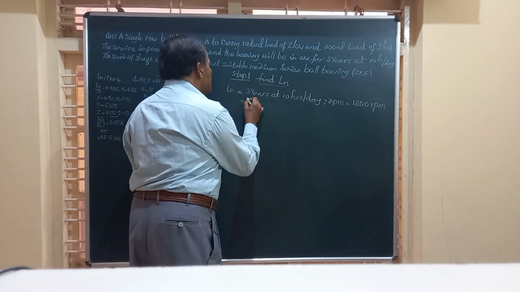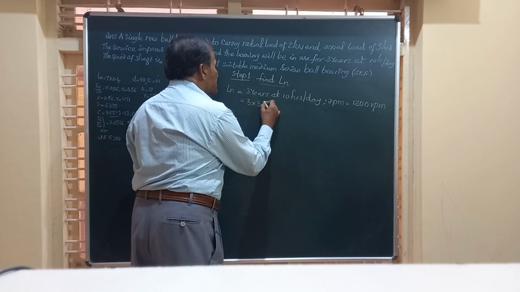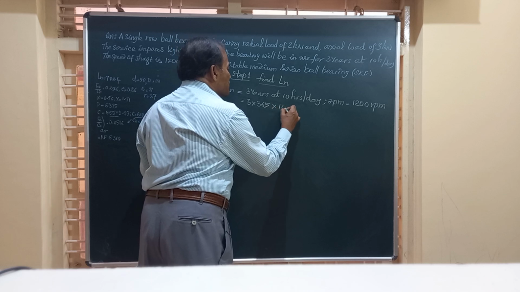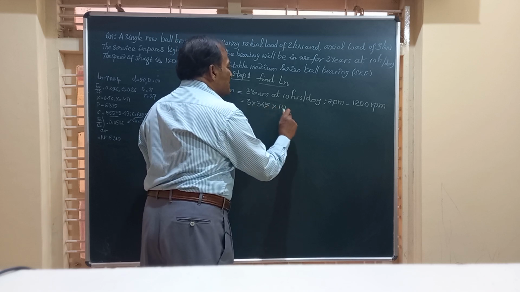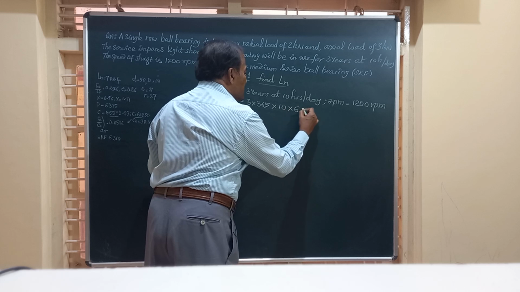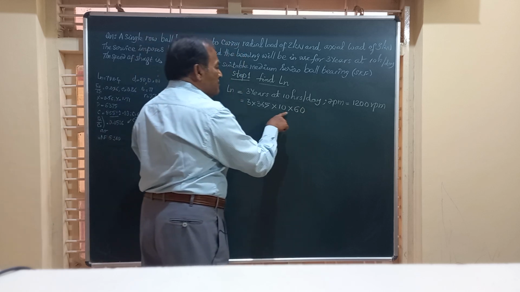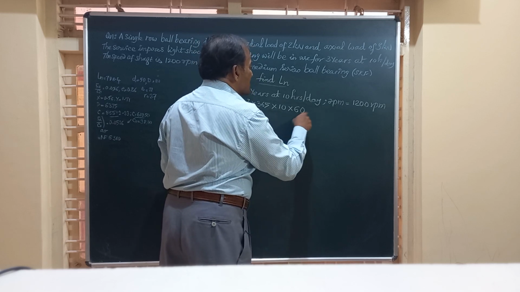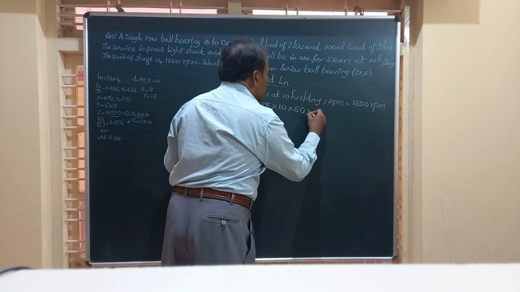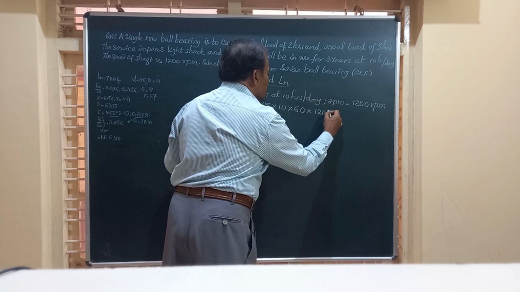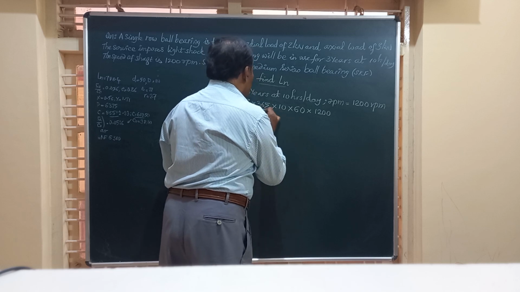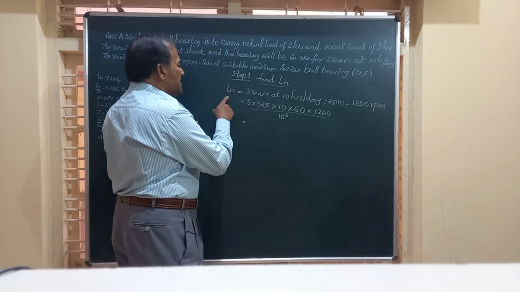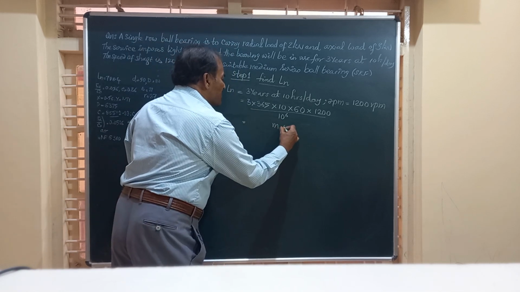So I am going to convert this 3 years by multiplying by 365 days. It becomes so many days, into 10 hours per day, which will give the time in hours. That I am going to convert into minutes by multiplying by 60. It becomes so many revolutions per minute, so multiplied by RPM, 1200. Friends, if I divide this by 10 to the power of 6, we get the life of the bearing Ln in millions of revolution.